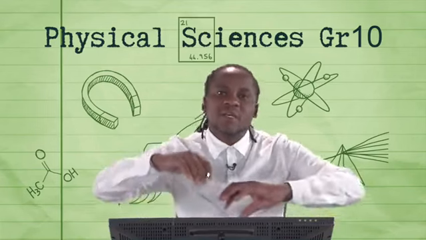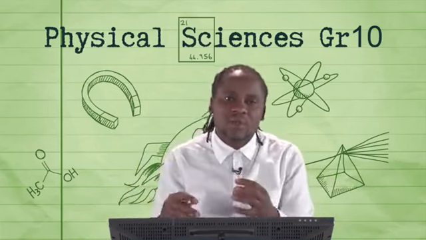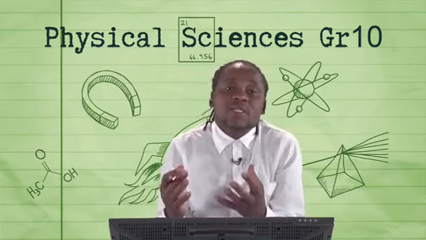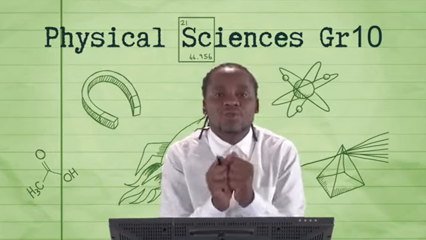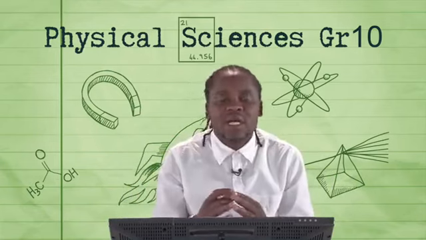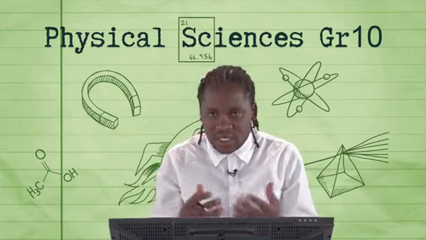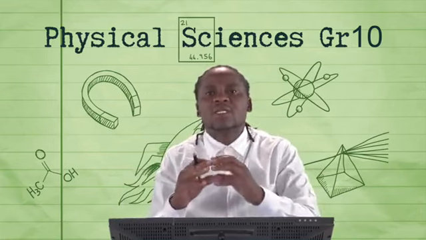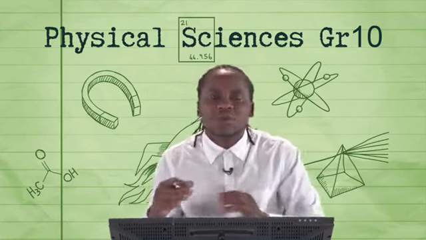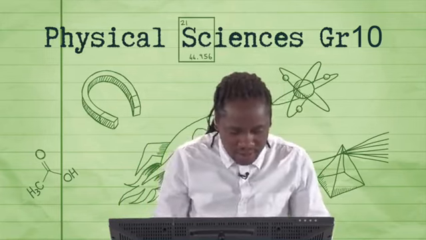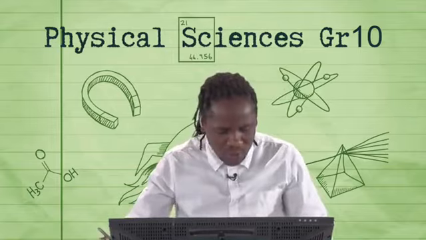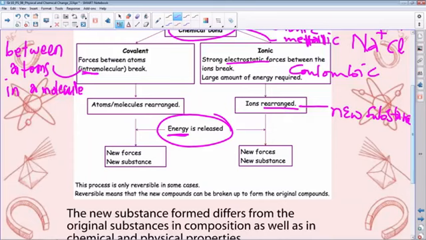But generally, whether an ionic substance or a covalent substance is formed, when new bonds are formed between atoms of the same kind or different kind, energy is released. Hence, we say that energy is involved in both ionic as well as covalent bonding. In other words, we also want to make it clear that there will be new forces due to new bonds.